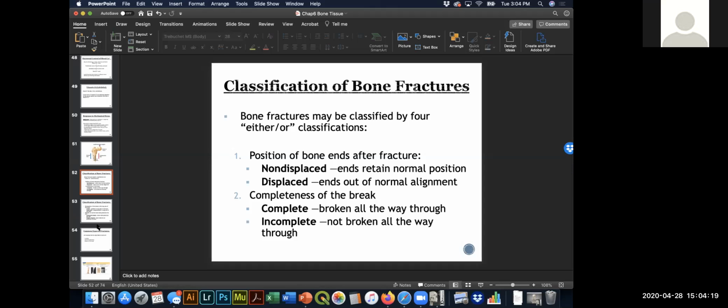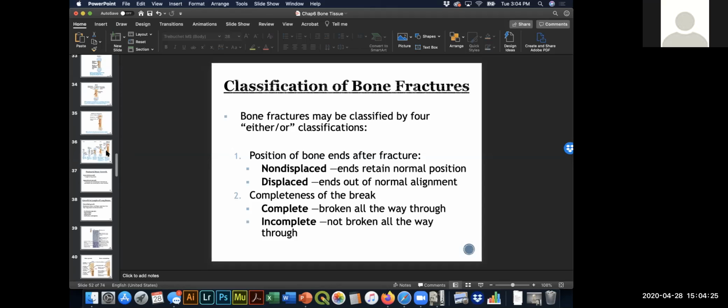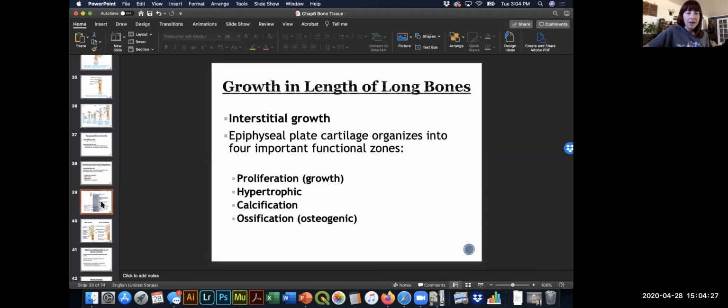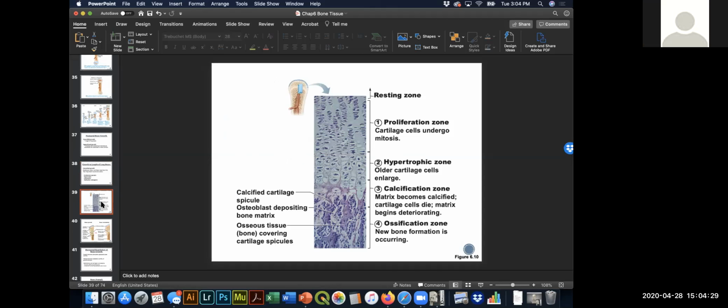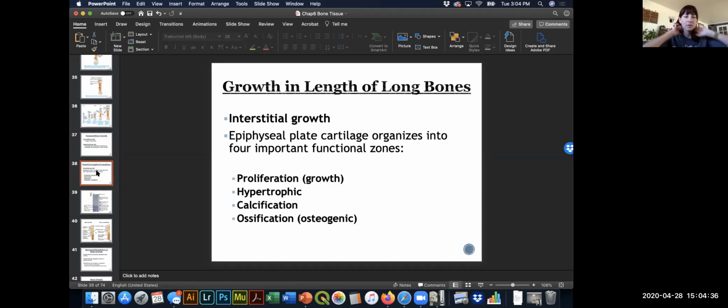Ashley, I'm sorry. What steps do we need to know specifically for the interstitial and appositional bone growth? Yeah, where's that on the slide? I'm looking at the postnatal bone growth. The interstitial growth, obviously, it's length versus thickness. Now, what are the steps that you're recommending we know, the in-depth part?